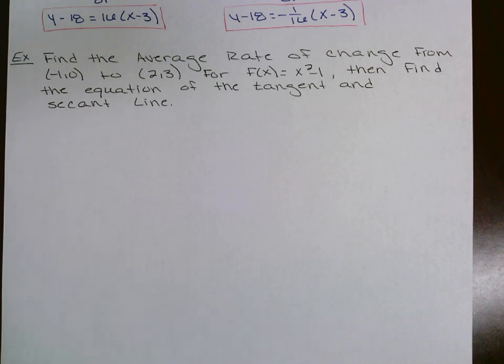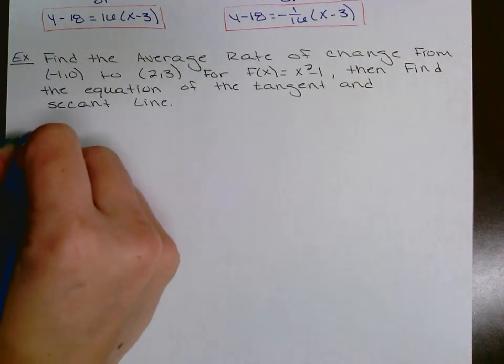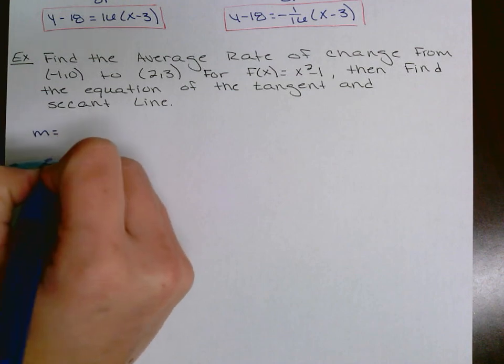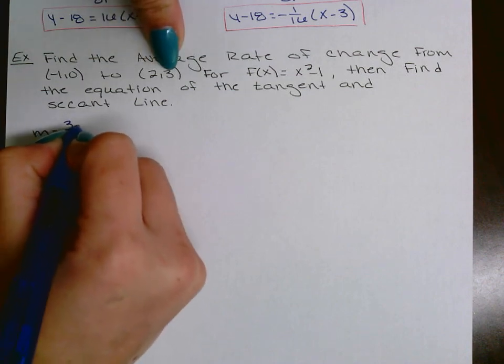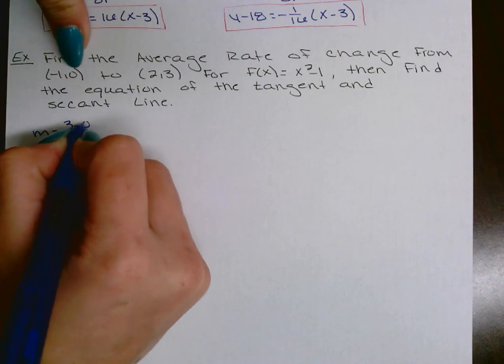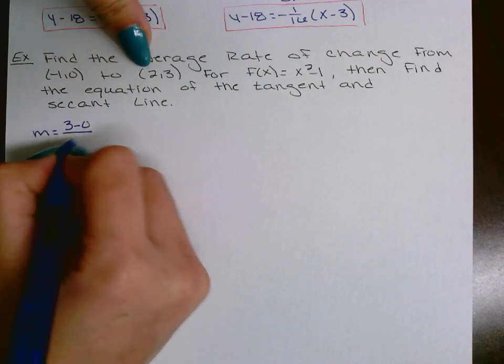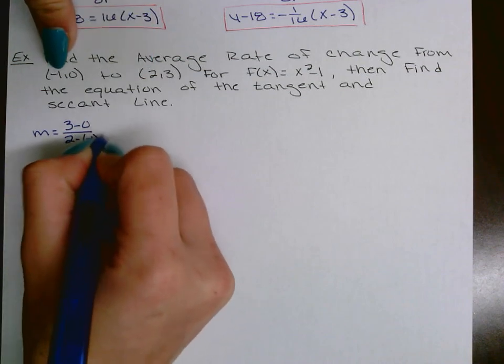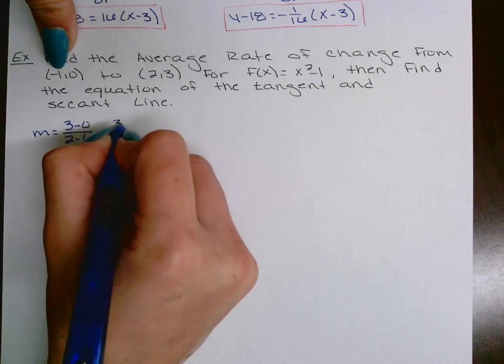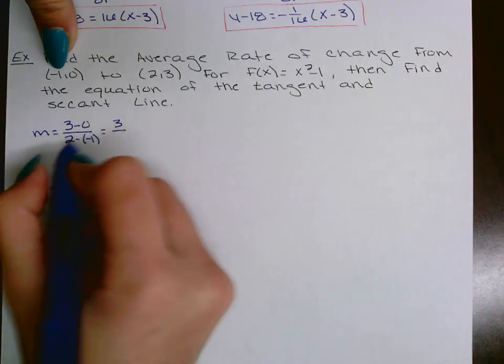Big difference here, okay? So I can go straight to my slope being y2, which is 3, minus y1, which is 0, over x2, which is 2, minus x1, which is -1, which gives me 3 over 3.